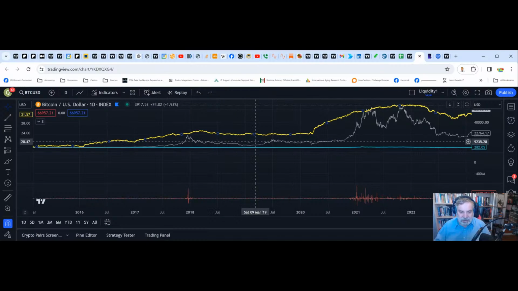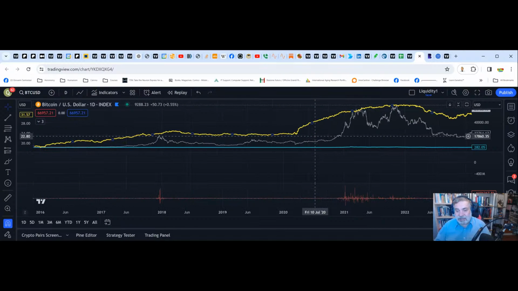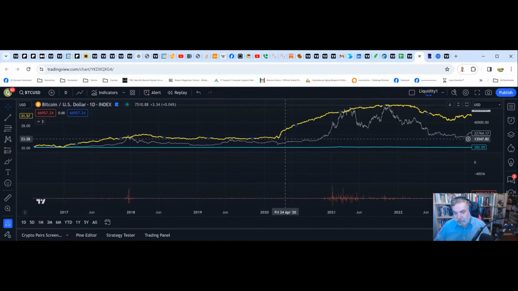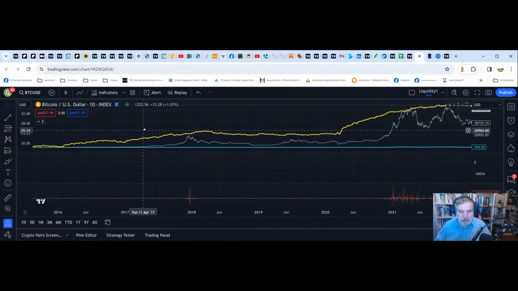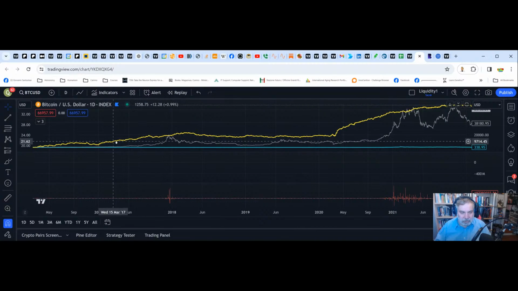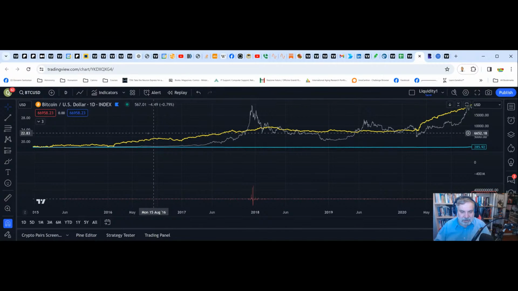The bottoms here are kind of associated with global liquidity bottoming out, and at least in this case it looks like it's leading Bitcoin behavior. But it's not super useful because months ahead we already know that Bitcoin is going to go up.